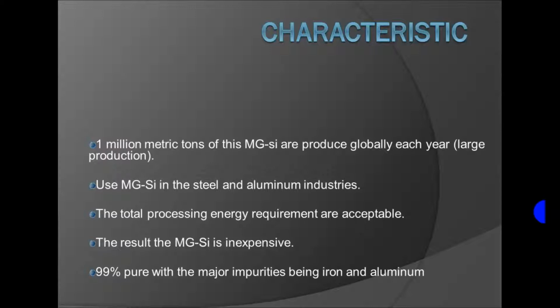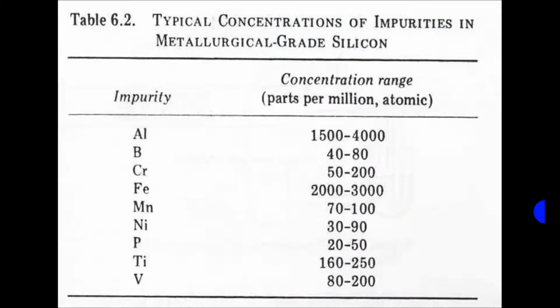It is 99 percent pure, with impurities, most importantly iron and aluminum. This table shows in brackets the impurity materials that are disposed of to extract the silicon.